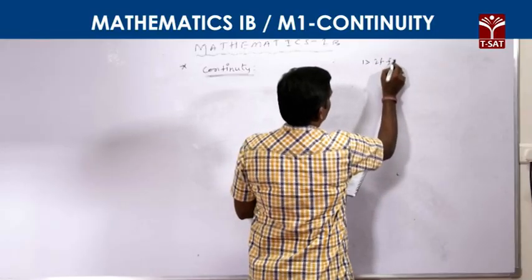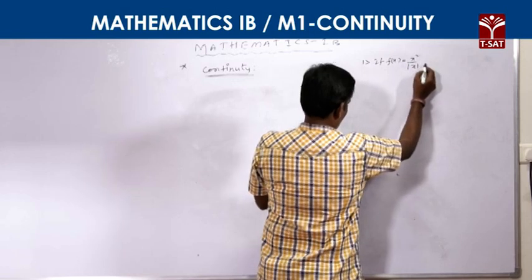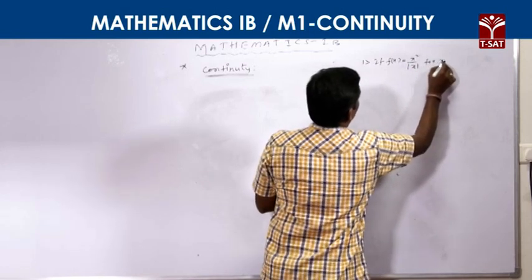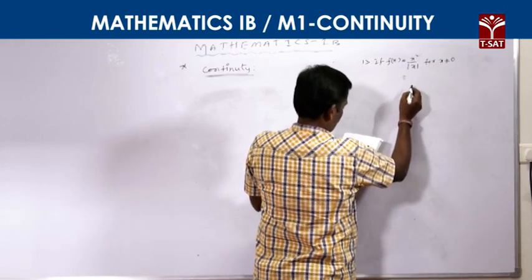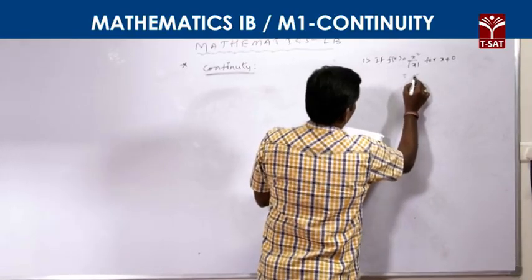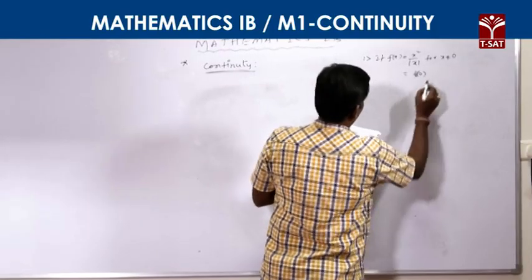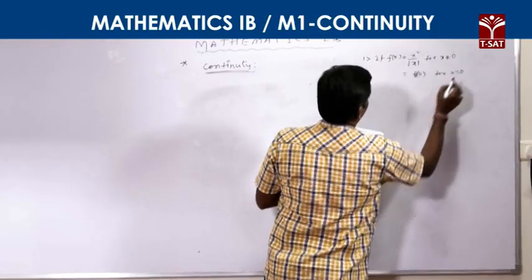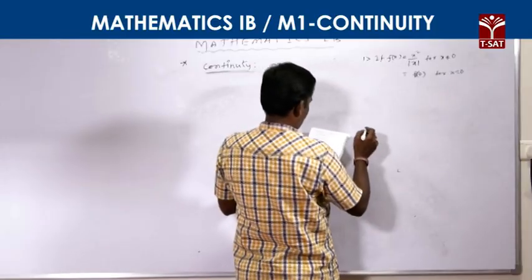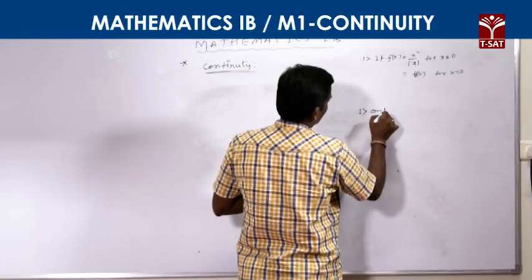If f of x is equal to x square by mod x for x not equal to 0, and f of 0 for x equals 0. First option: continuous.